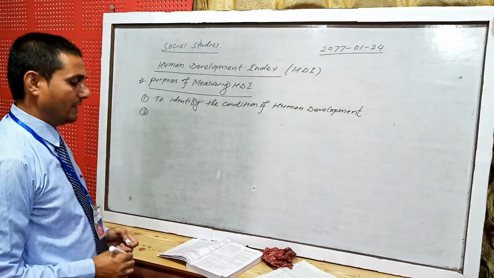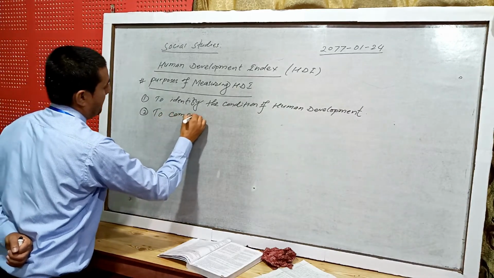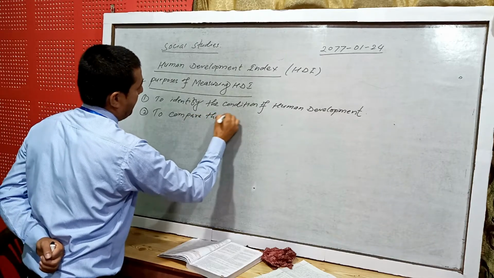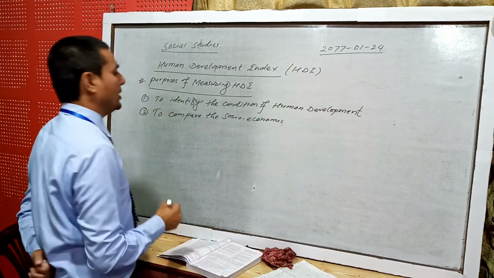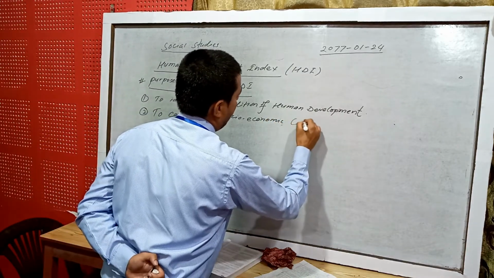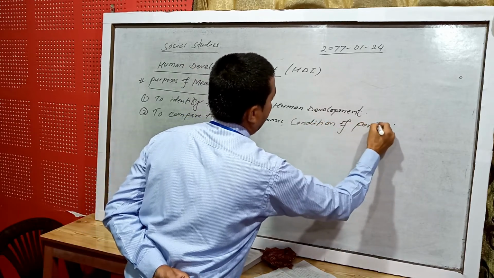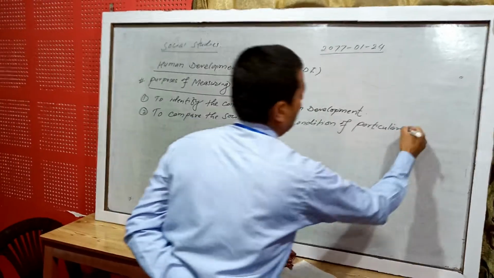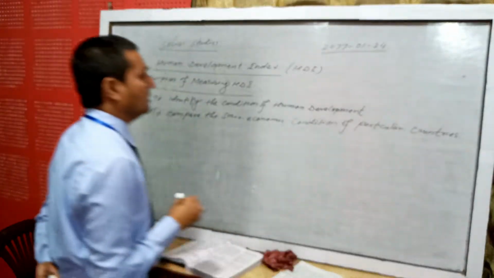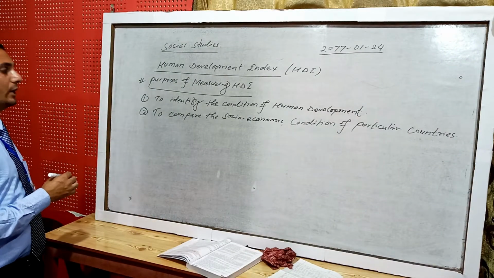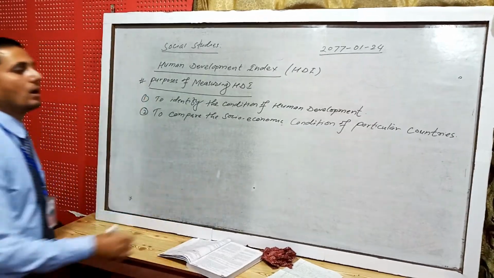Similarly, the next one is to compare the socio-economic condition of particular countries. Another purpose of calculating HDI is to compare the socio-economic condition of particular countries.